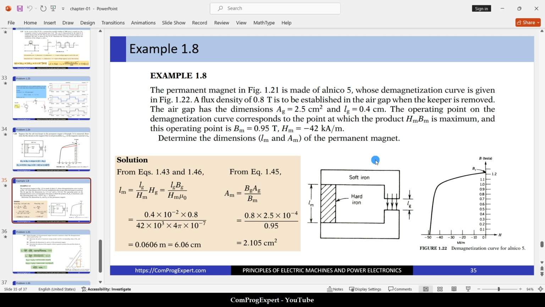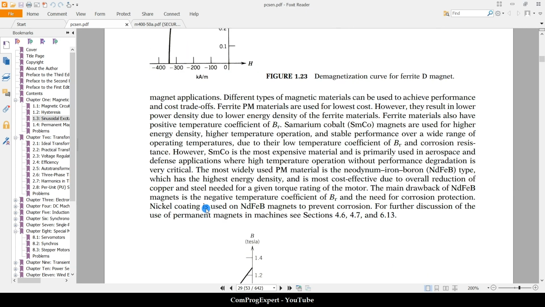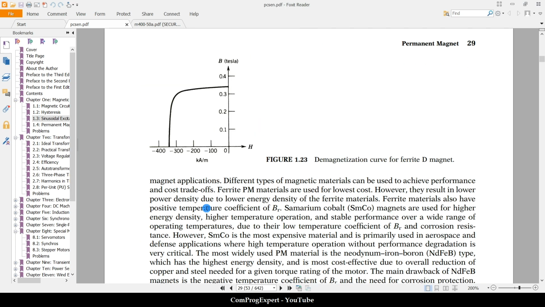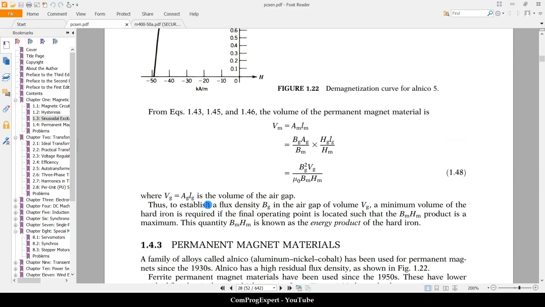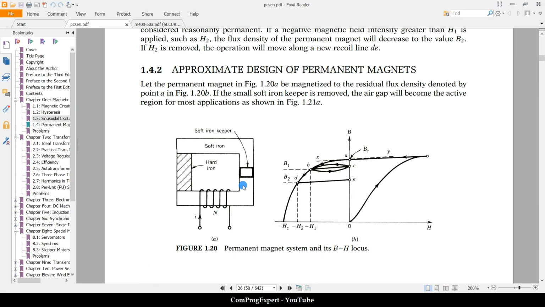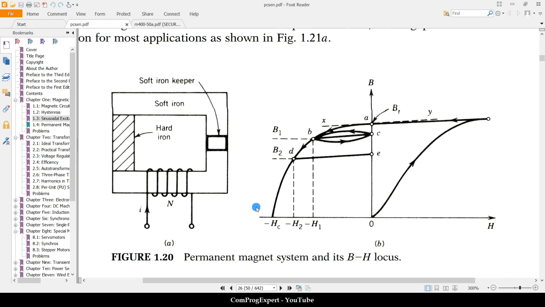So what is the BH curve of the magnet? And the BH curve of the magnet, for what region is it important, for what quadrant is it important? Here in this section, you can read about permanent magnets and the excitation procedure, okay? How we magnetize magnets.